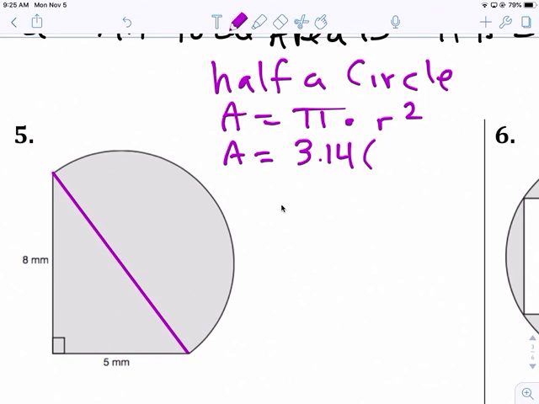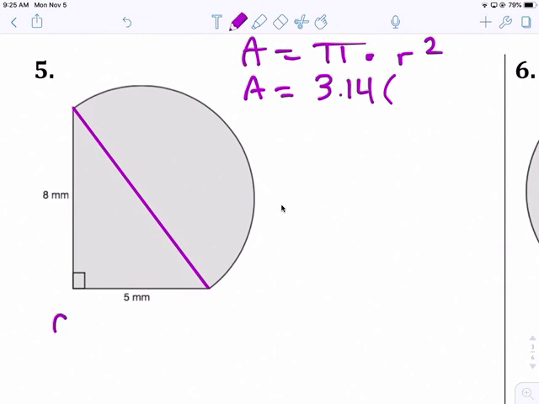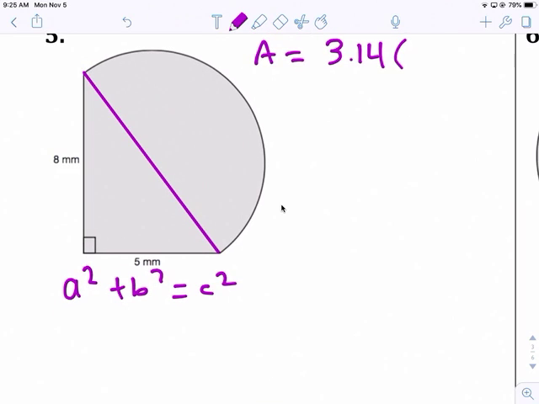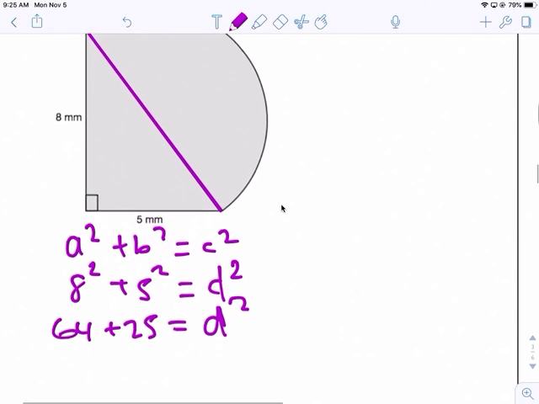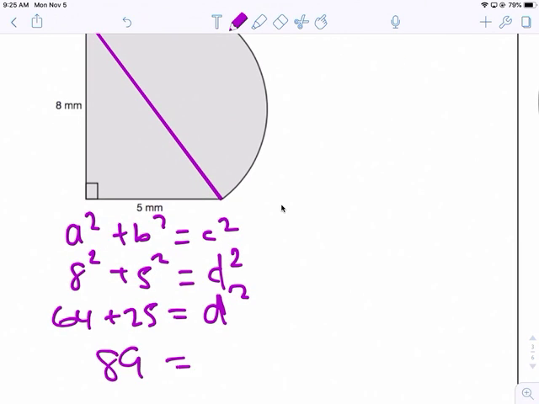So we need to find the radius by finding the diameter first, so we need to do the Pythagorean Theorem. 8 squared plus 5 squared equals diameter squared, because this line is called a diameter. 64 plus 25 equals diameter squared. 89 equals diameter squared.